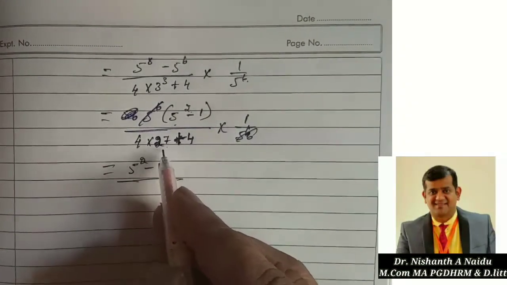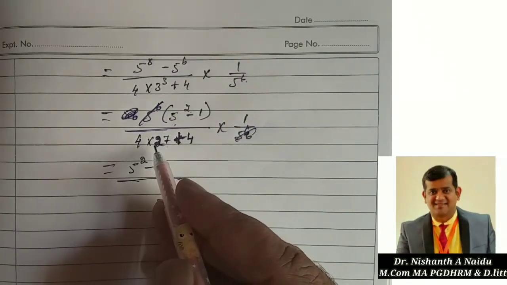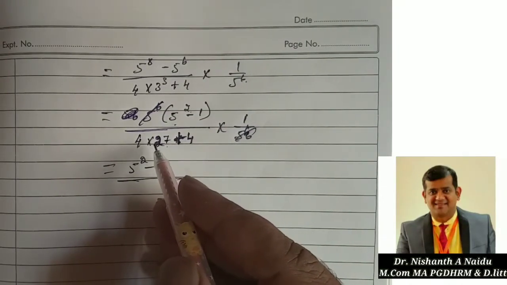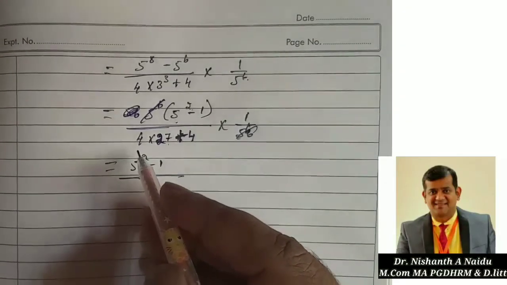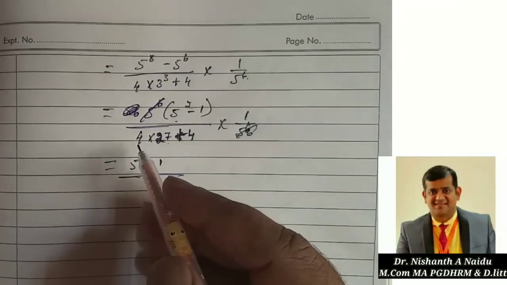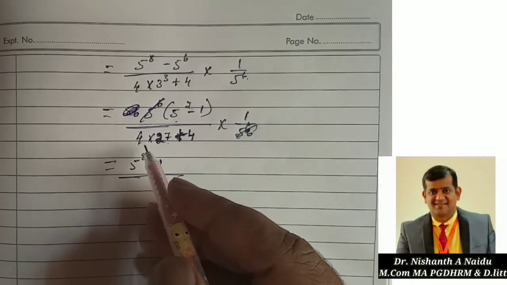Divided by 27 fours. Use the calculator and find the answer. How much? 27 into 4.